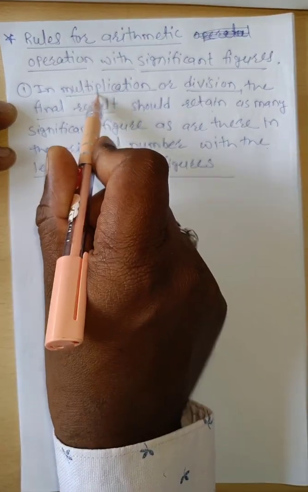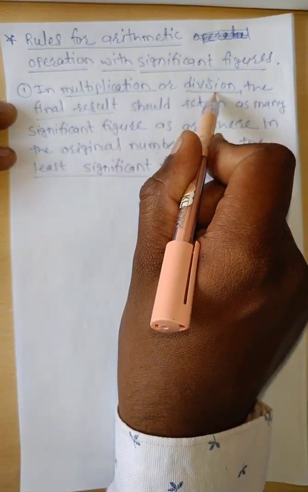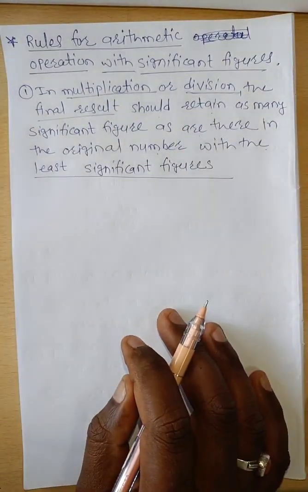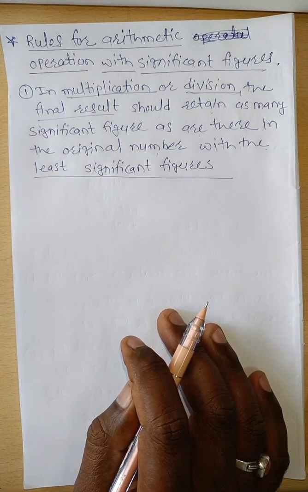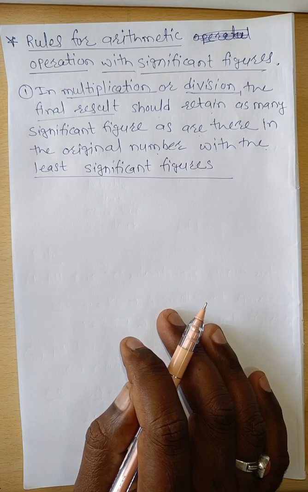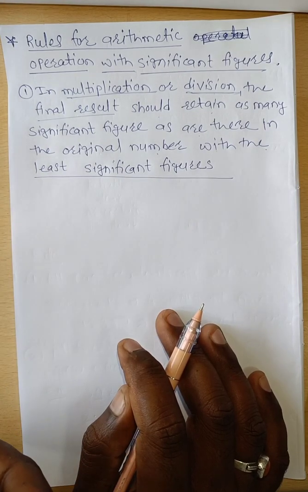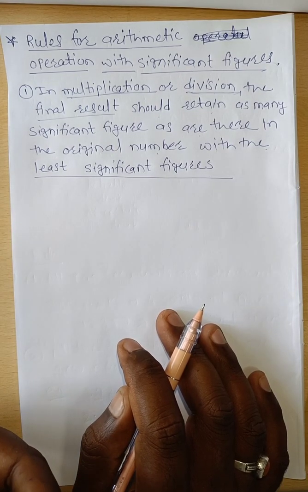Means when you perform a multiplication or division, if two numbers are there, then see how many significant figures the first number has and how many the second number has.